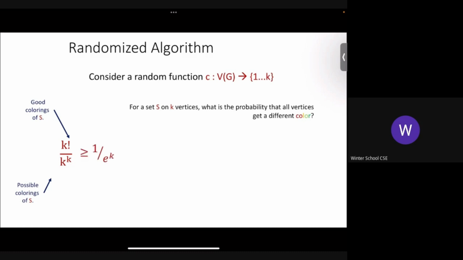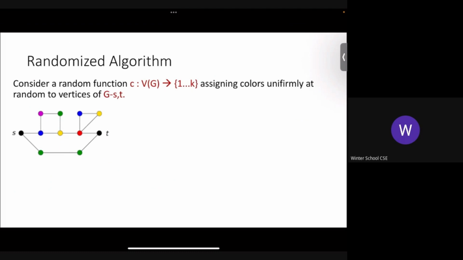And by using the standard Stirling approximations, just trust me if you don't know this, I will not go into the calculus. So this is at least 1 over e to the power k. Then my algorithm is the following.